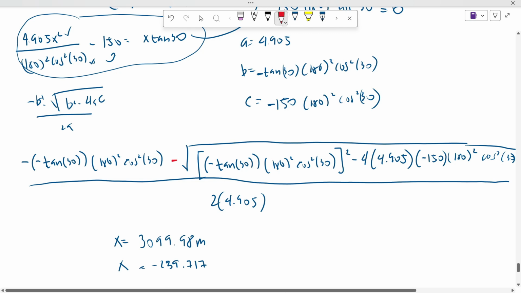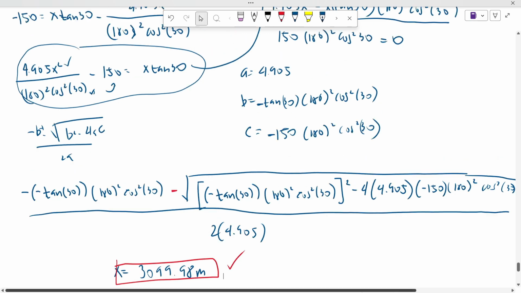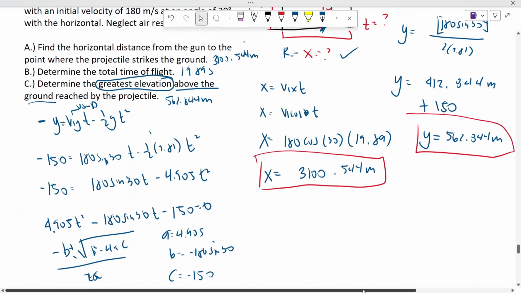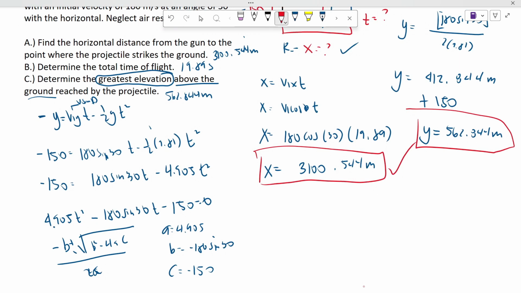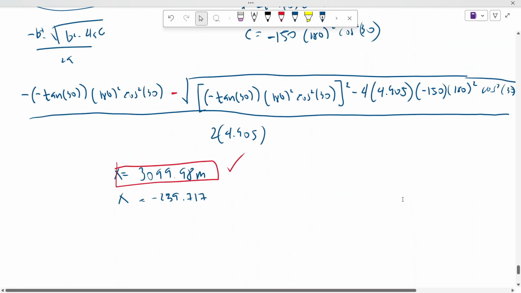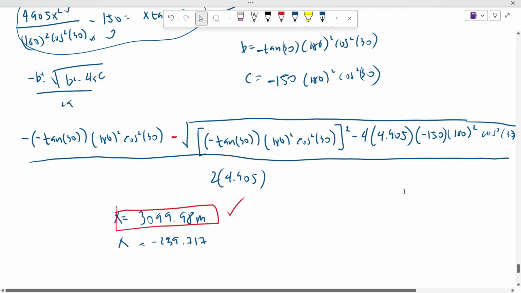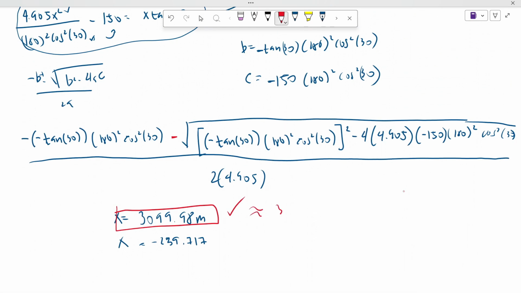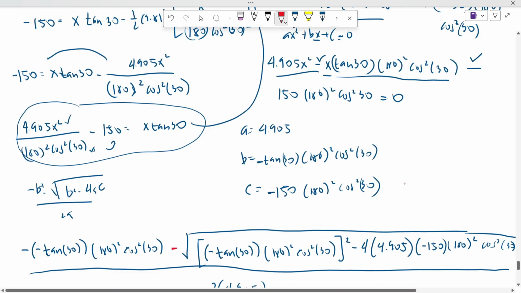So, as you can see, guys, ito ay familiar sa inyo na 3,099 or nakuha natin sagot kanina is 3,100. So, napakalapit lang, guys. Walang mali doon, guys. 3,099 point something and 3,100 point something is napakalapit lang, guys. So, this will be approximately 3,100 meters.